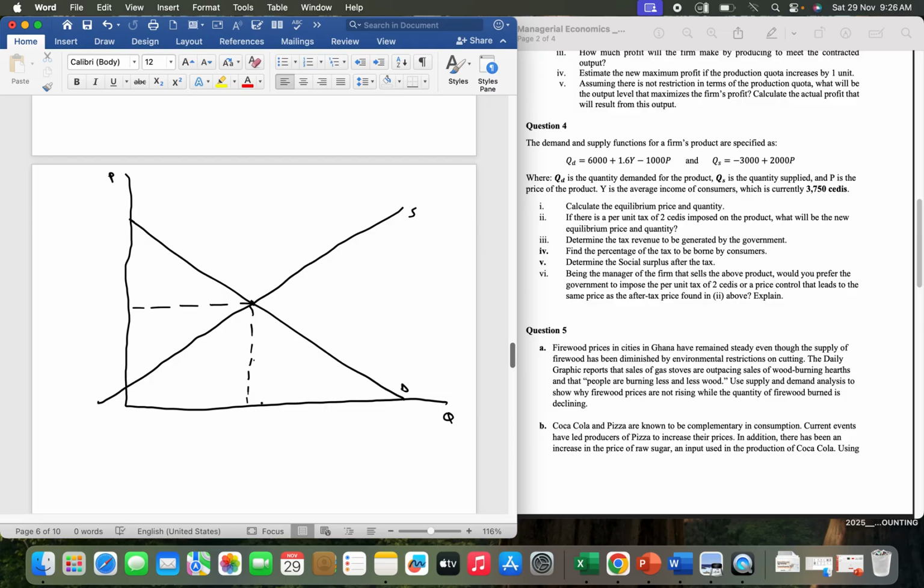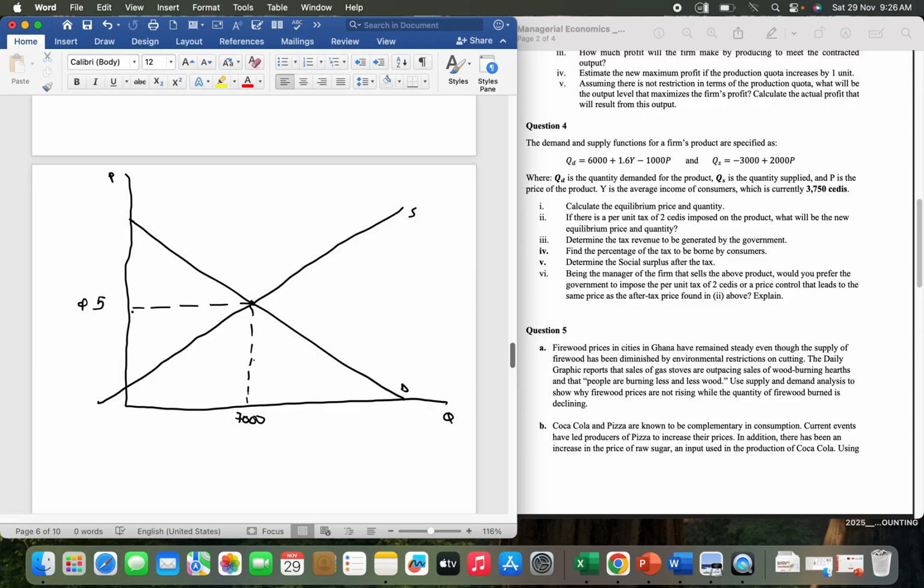The equilibrium quantity was 7,000 and the initial equilibrium price was 5 cedis.